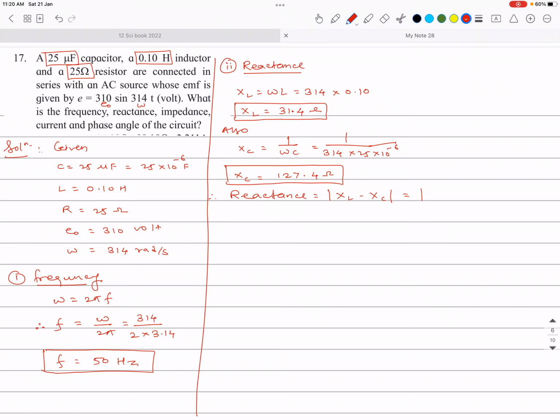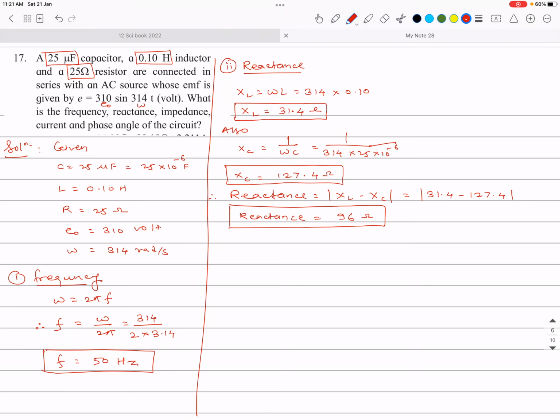So we can write 31.4 minus 127.4. So difference of these two is coming, it is 96 ohm. So here we get reactance. Reactance is 96 ohm.